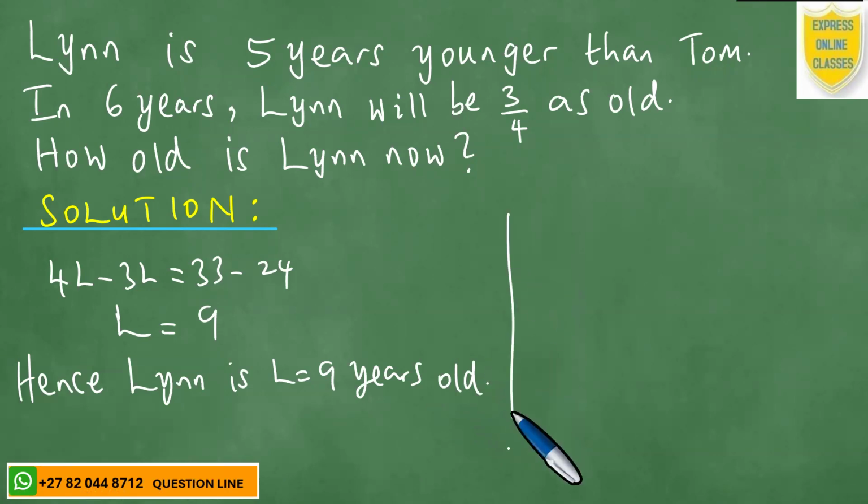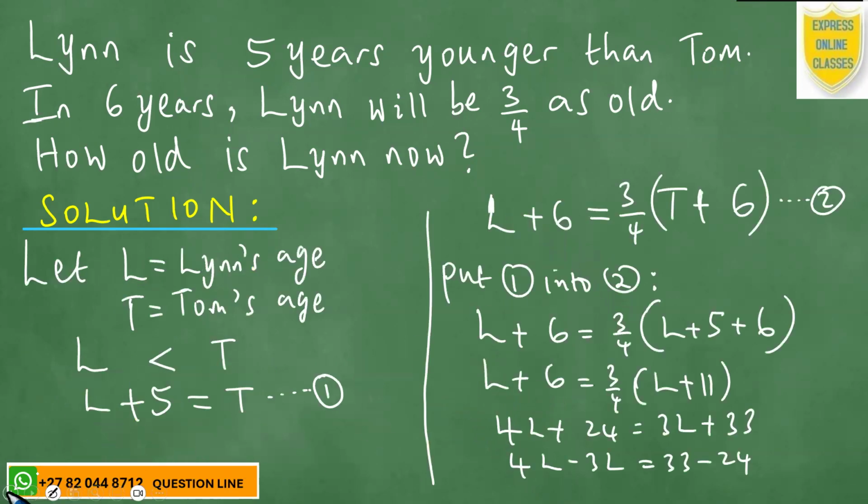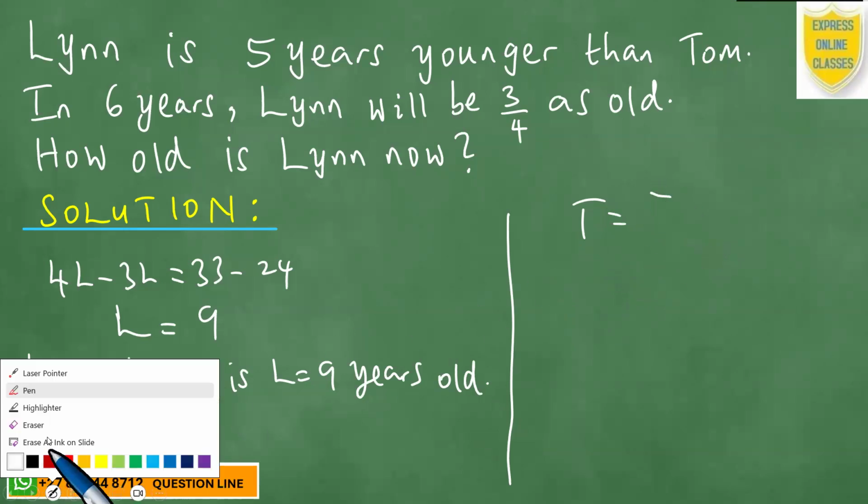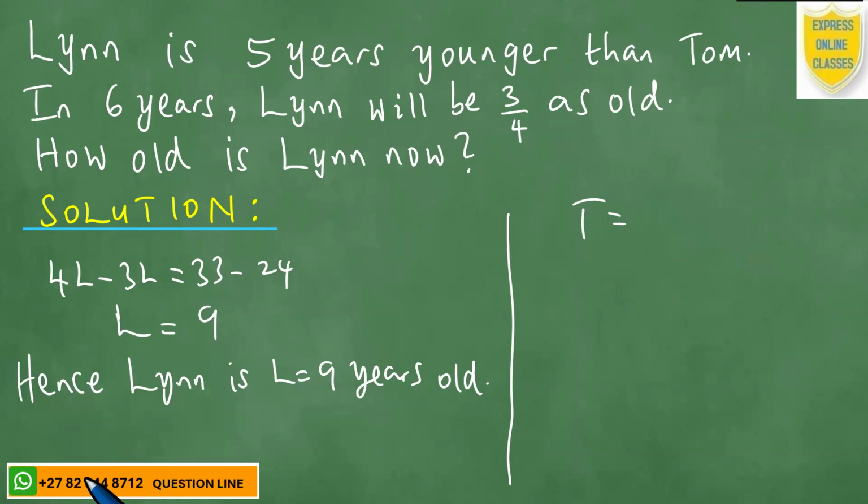Now let's think with me. How old is the other one, Tom? So we need to get the equation for Tom. Tom is this one, L plus 5. So Tom is the older one. You can write it like Tom's age is the younger one's age, Lynn plus 5, making Tom older.